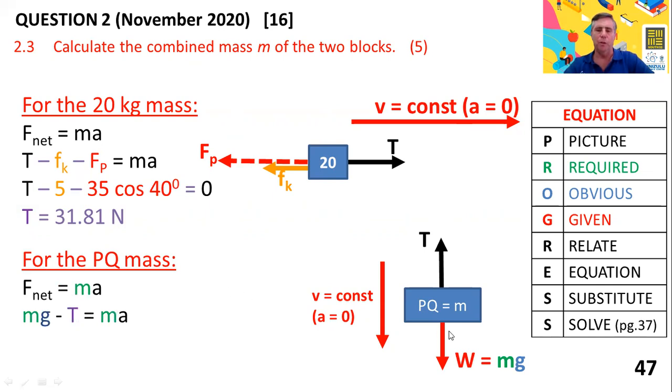So the net force is mg pulling down and T pulling up. So mg minus T is equal to ma. So the unknown mass times 9.8 for gravity minus 31.81 newtons carried forward is equal to naught because the acceleration is naught. And one can easily solve that to get a mass of 3.25 kilograms.